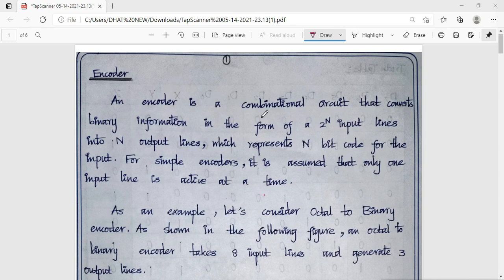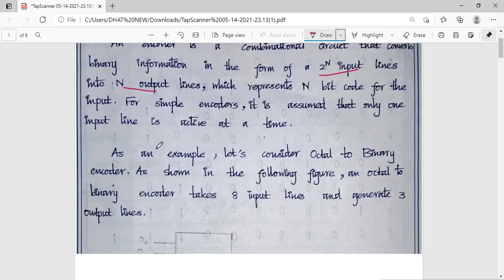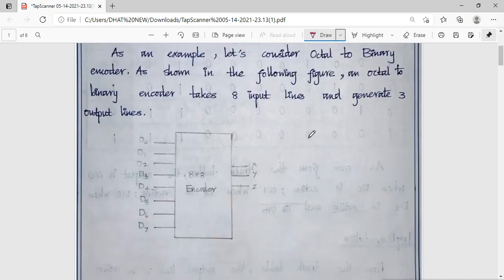An encoder is a combinational circuit that converts binary information in the form of 2^n input lines into n output lines.